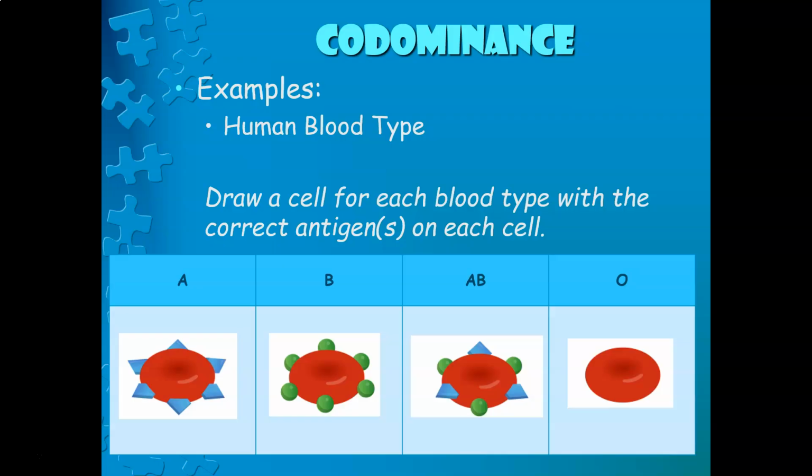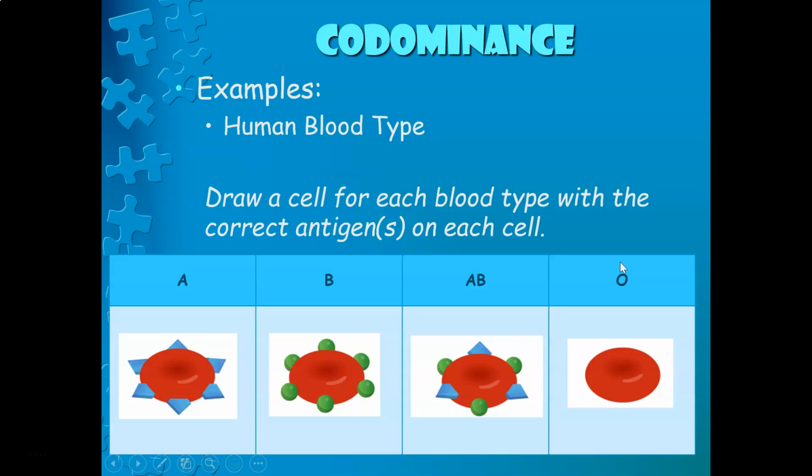So if I look at an individual who is type A, they create these A surface antigens on their red blood cells. If I look at somebody who's type B, they create a different antigen, that B antigen, on their red blood cells. Here's what we were talking about with that codominance. So they create both A and B antigens because they now have both alleles.